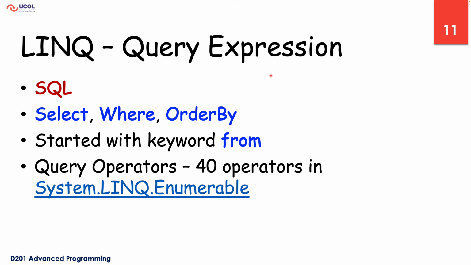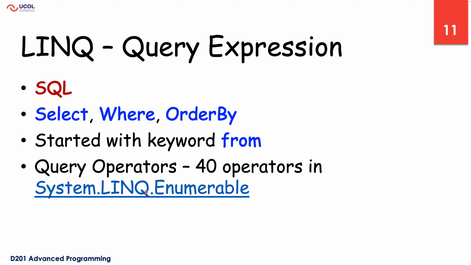So first of all, the LINQ query expression is a structured query language type of expression. We have select, where, order by, starting from the keyword from. Whenever we are writing the LINQ query syntax, it always starts from the keyword from, and there are 40 different operators present in LINQ.